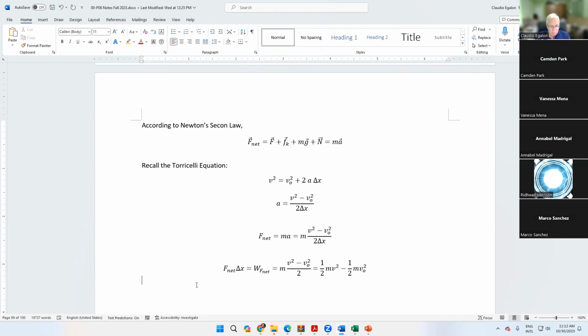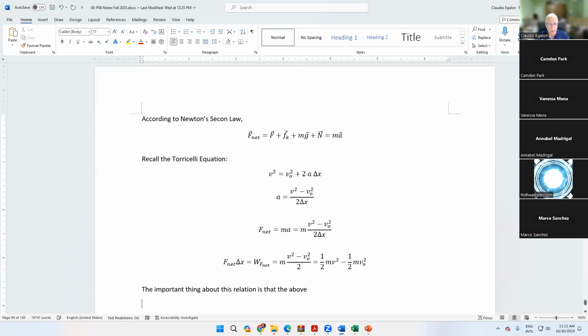The important thing about this relation is that the above holds true no matter what the acceleration of the particle is.